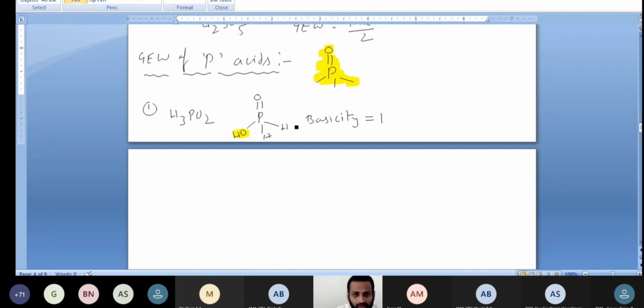Only one polar bond. That means only a polar bond can break easily, I told you, because non-polar bonds are equally shared. Equally shared means, can we break them as ions? No, we cannot break them into ions. So if you see OH, there you have O minus and H plus.